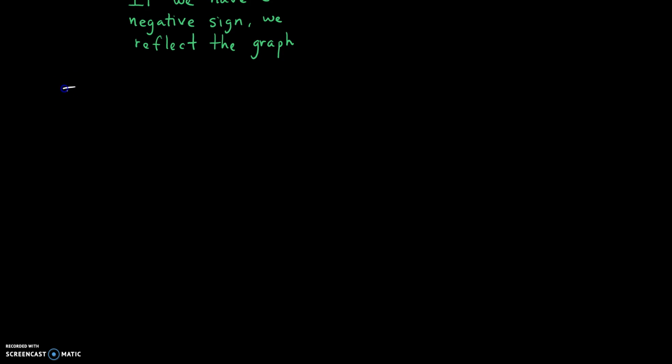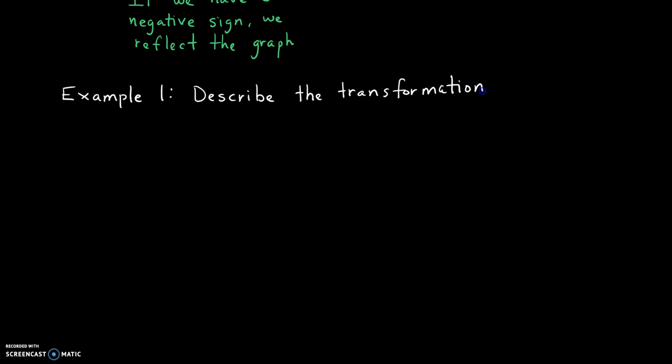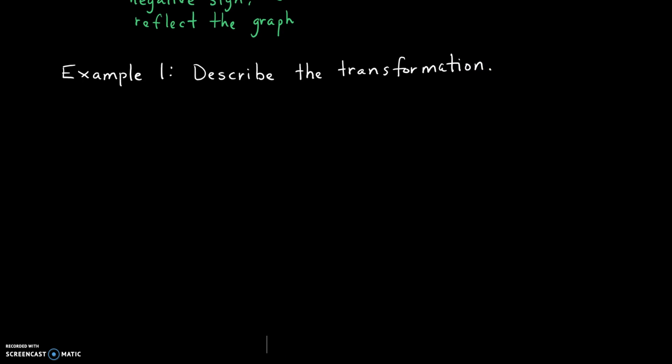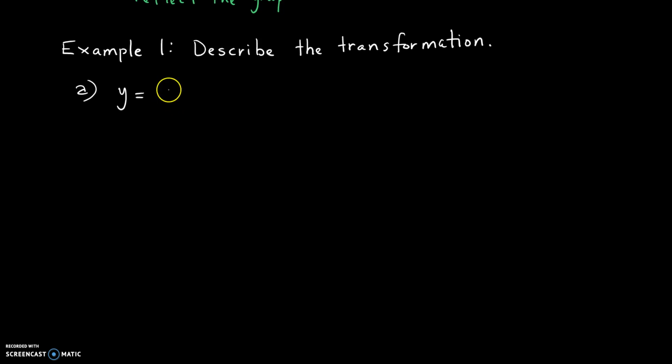Example 1. The directions are just going to be to describe the transformation. Okay, so here's our function. For part A, we have that y is equal to 4 times the square root of x minus 2, plus 3.